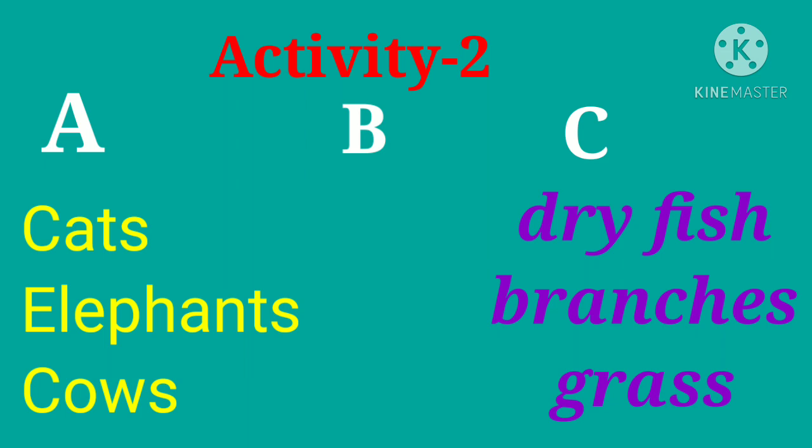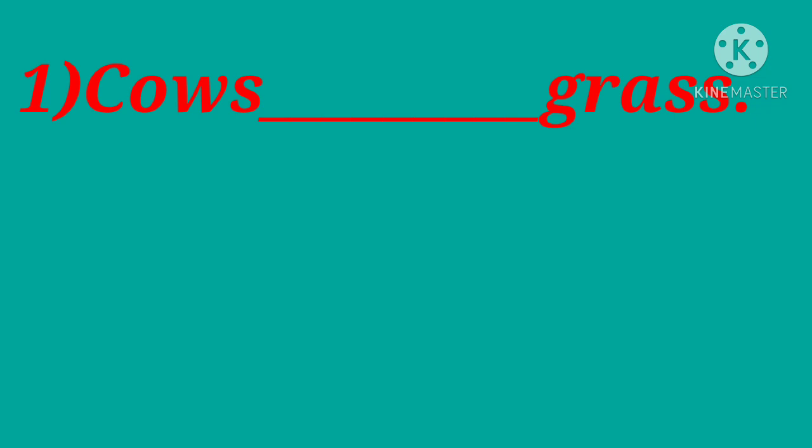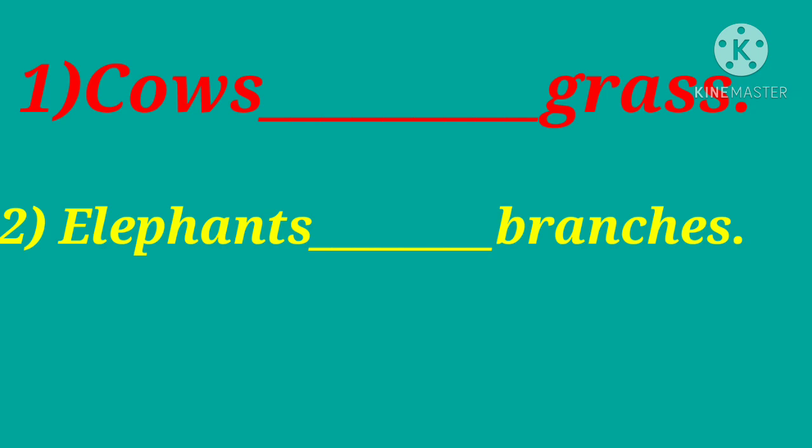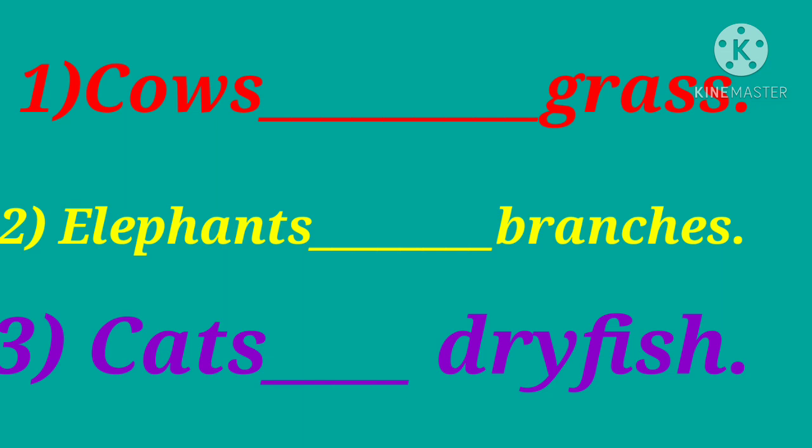Okay? Cows dash grass. So what will be that word? Very easy for you. Elephants dash branches. Cats dash dry fish. Yes, it is a very easy word.